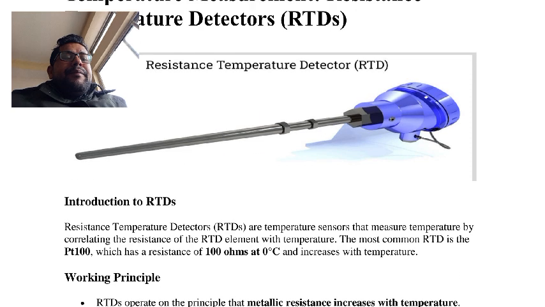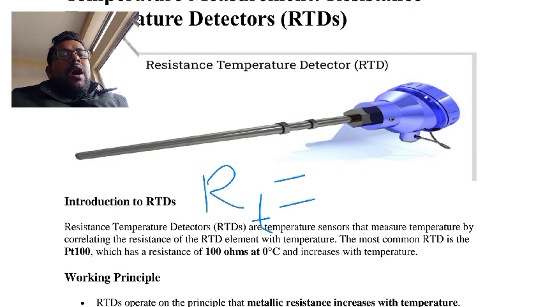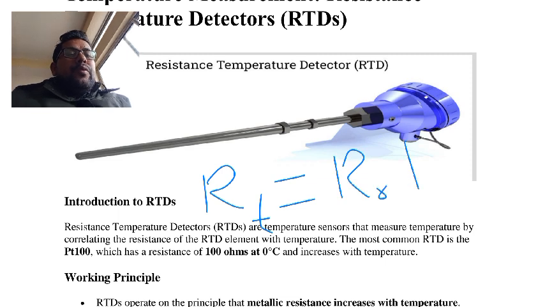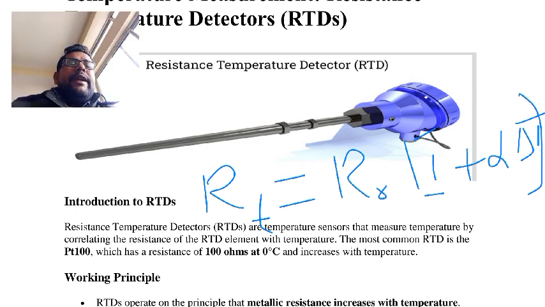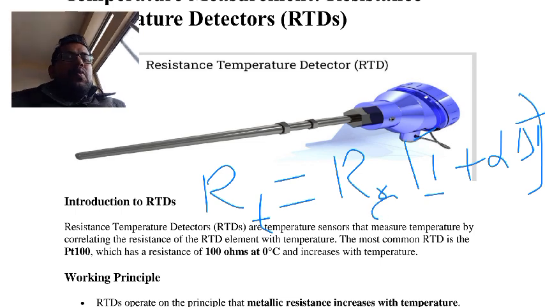Generally, we can give the measurement equation: RT equals R0 into (1 plus alpha delta T). This is the alpha delta T, and this is the R0.